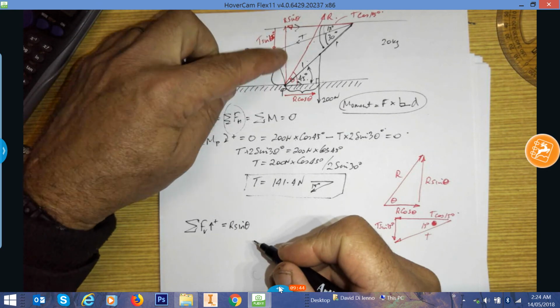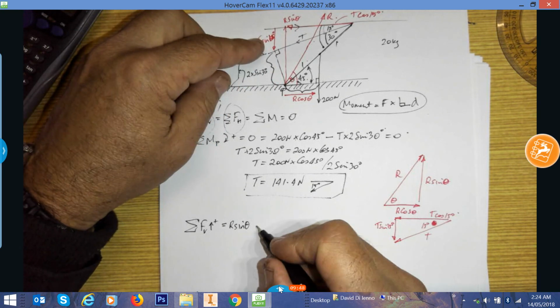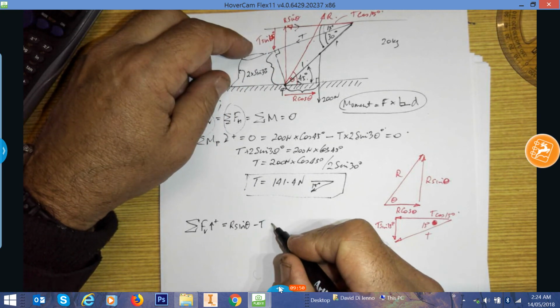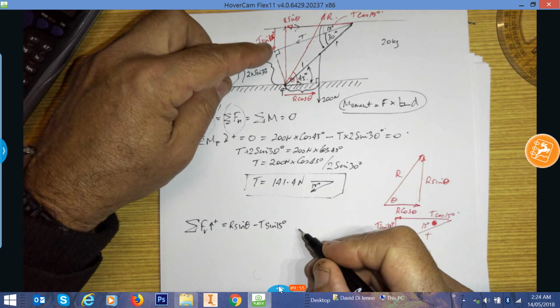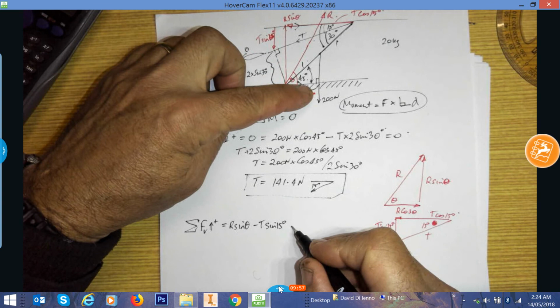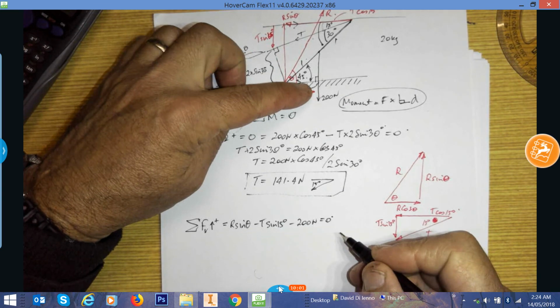That's the vertical component of the reaction, minus T sine 15 degrees. Also minus 200 newtons equals 0.